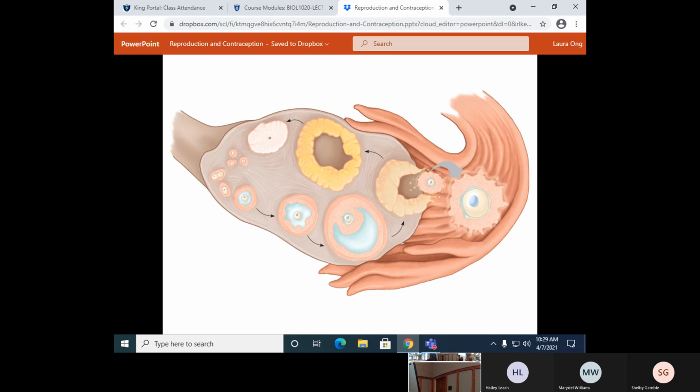And after puberty, each month, one mature egg will leave the ovary during what we call ovulation.